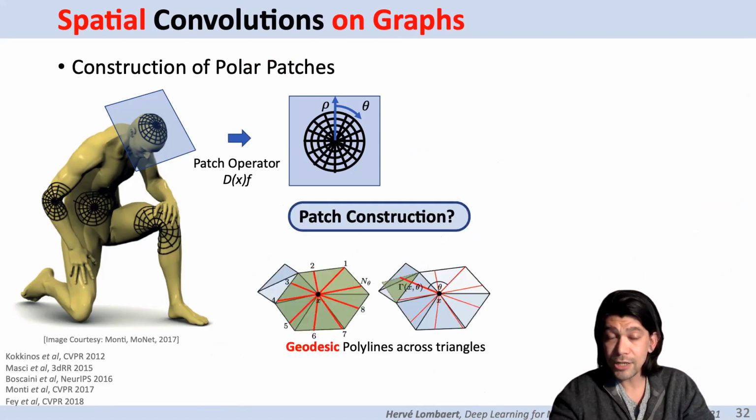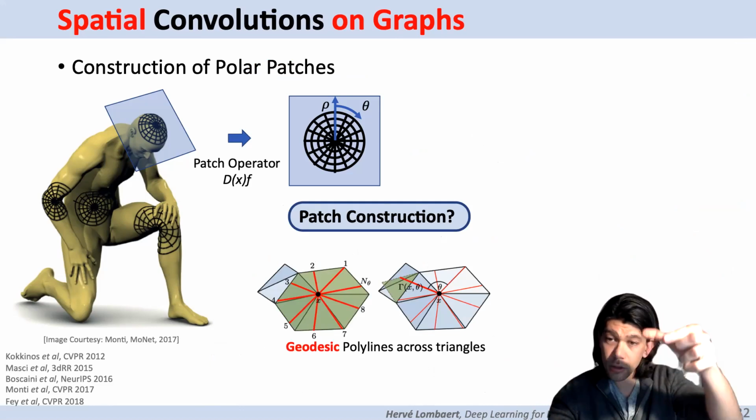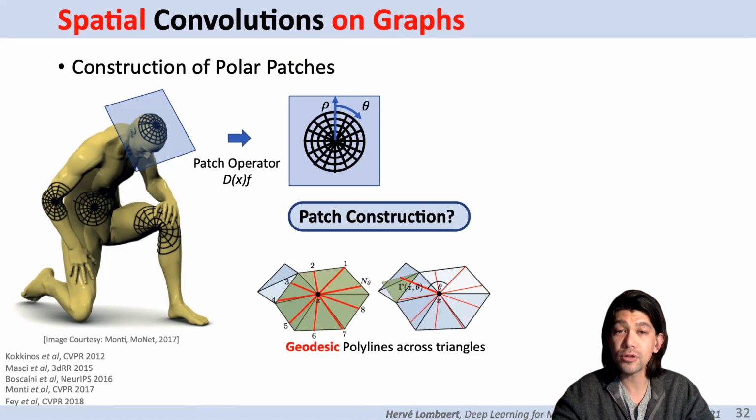To construct the patches, we walk across triangles, like some kind of geodesic shooting. So you walk along small triangles to construct the patches. You start to think that raises trouble in terms of algorithms, or if you want to code this, it starts to be a bit costly.